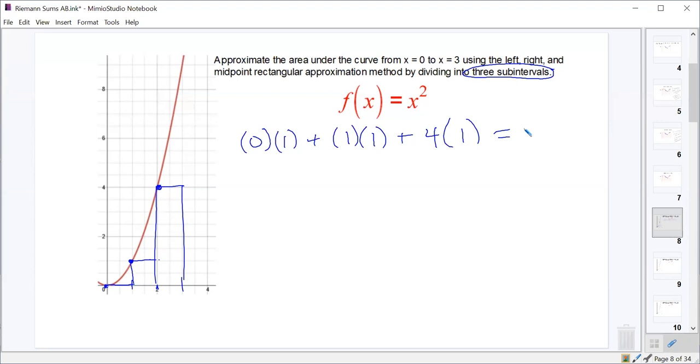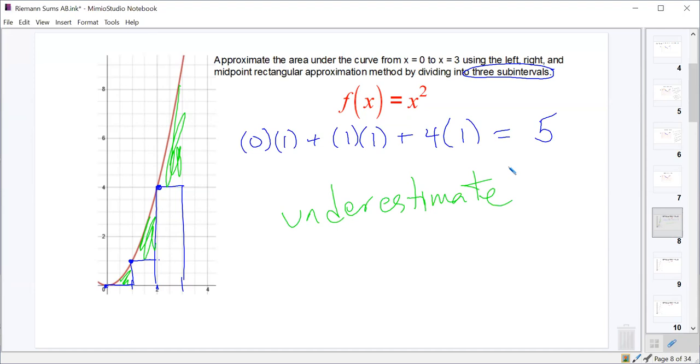What do we end up with as our approximation? 5, right? And because this function is increasing and we used a left rectangular approximation, we can see visually that we're missing quite a bit, all of this. We know it's an underestimate. Everybody good with that?